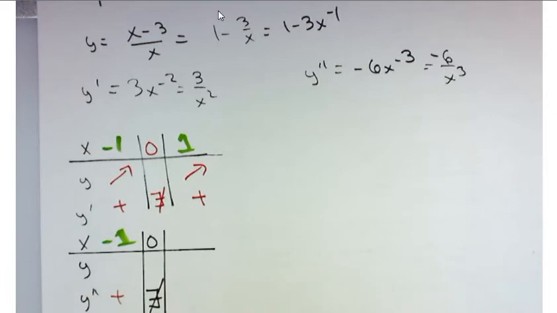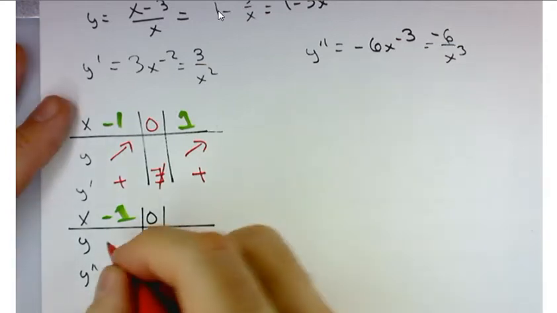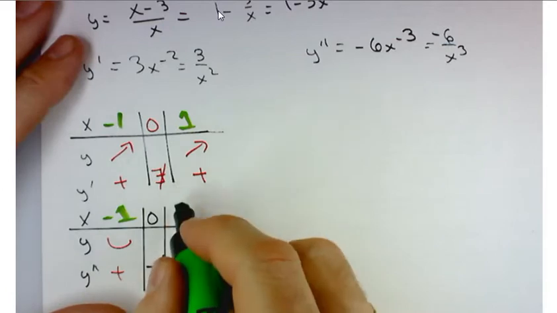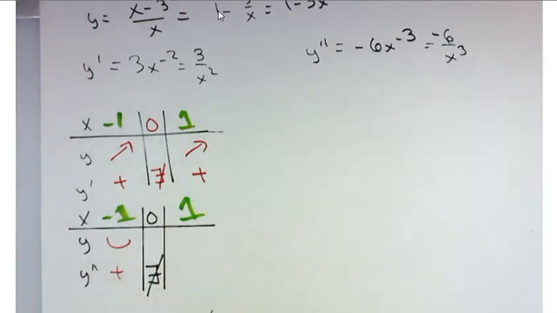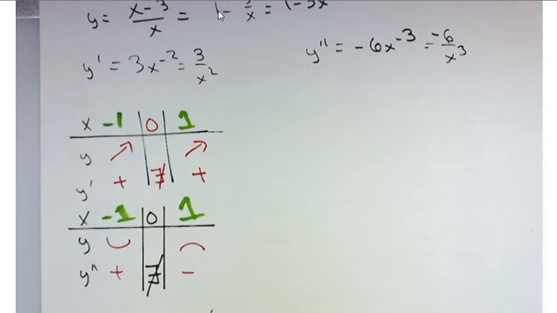What's a positive second derivative mean for us? Concave up. And then, continuing to be super adventurous, let's go to the right and test x = 1. I get negative. And what's that telling me? Concave down. Good. Let's put all this together in the form of a graph.